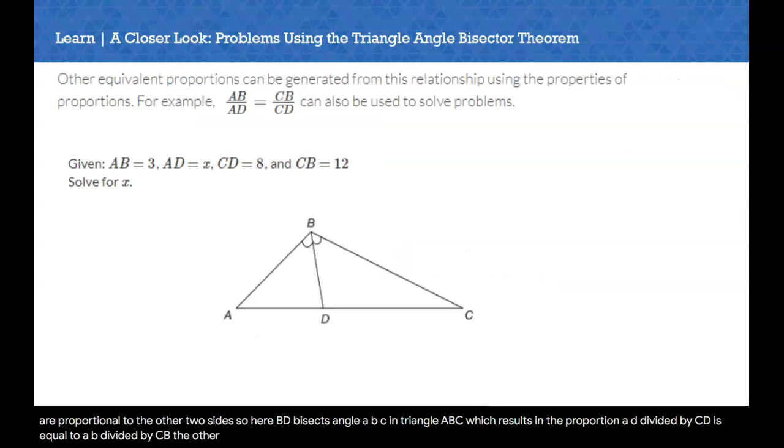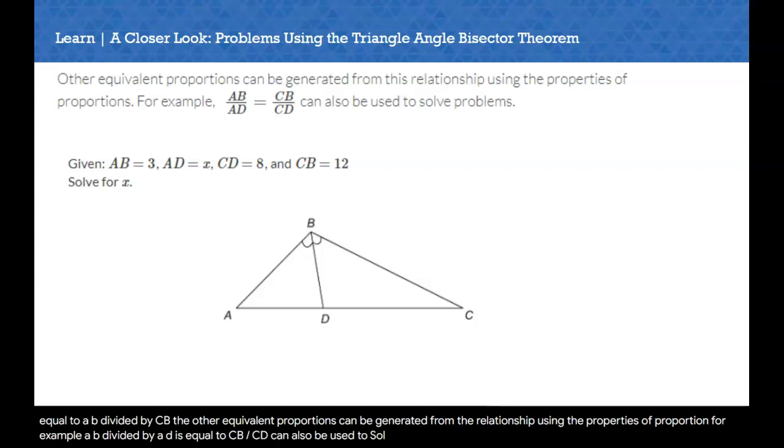The other equivalent proportions can be generated from the relationship using the properties of proportion. For example, AB divided by AD is equal to CB divided by CD can also be used to solve problems.